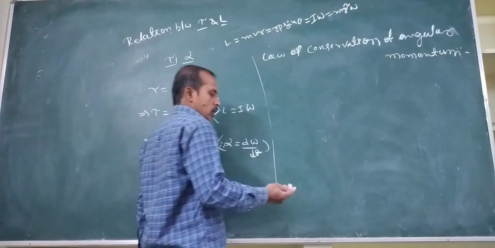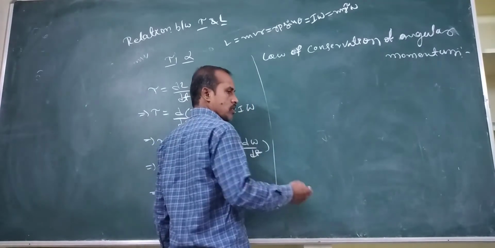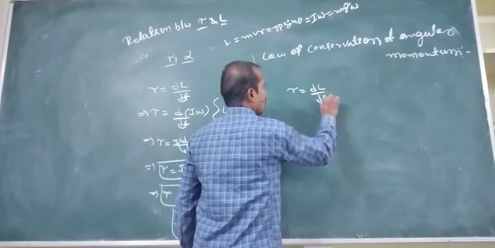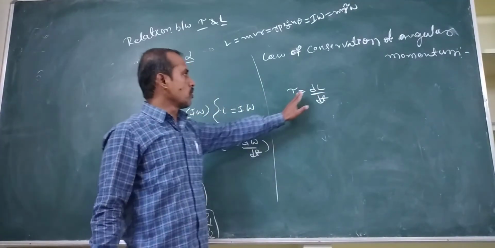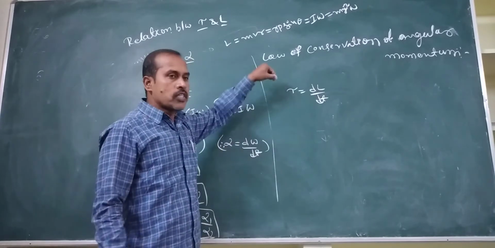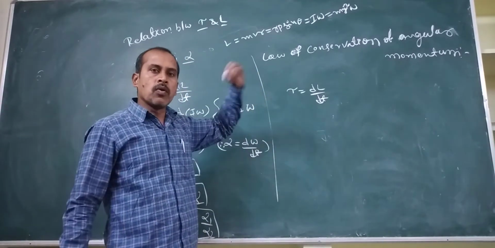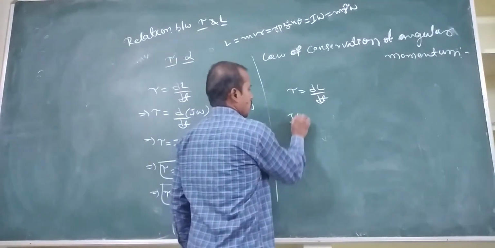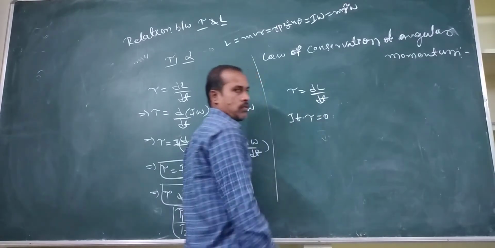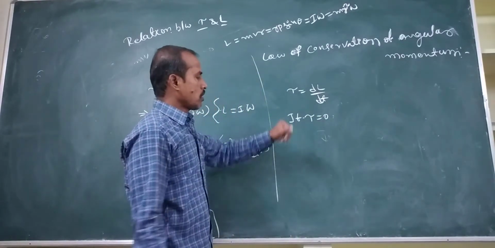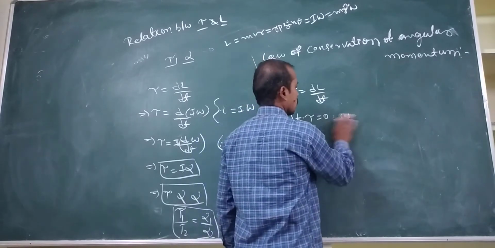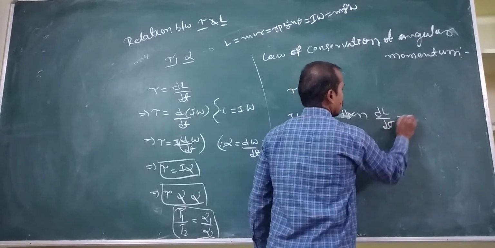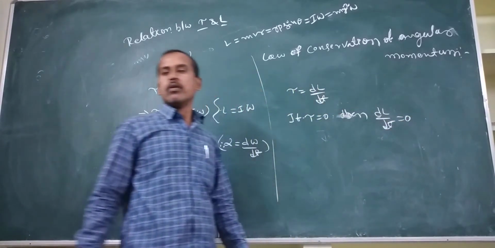Now, according to Newton's second law in rotational motion, tau is equal to dL by dt. According to the statement, if there is no external torque acting on a system, that means tau is equal to 0. If tau is equal to 0, then dL by dt is equal to 0.